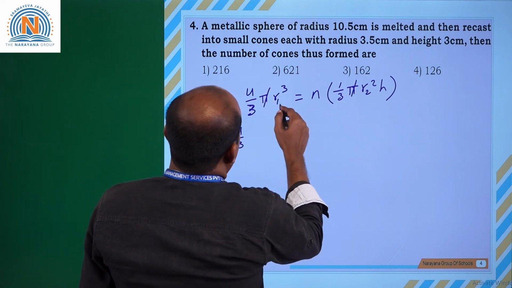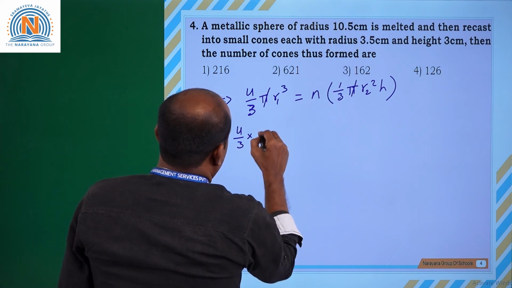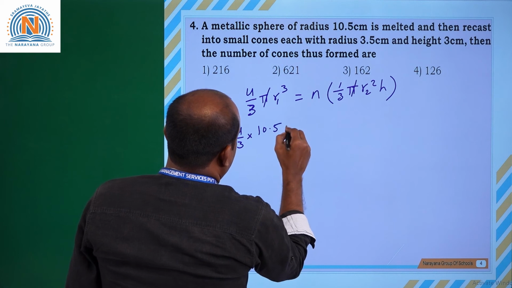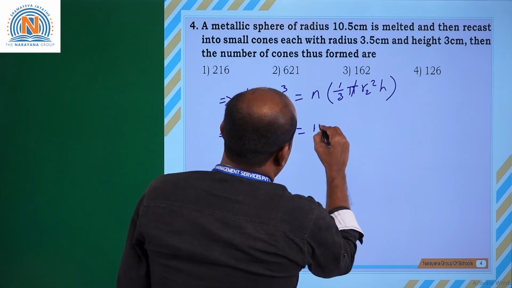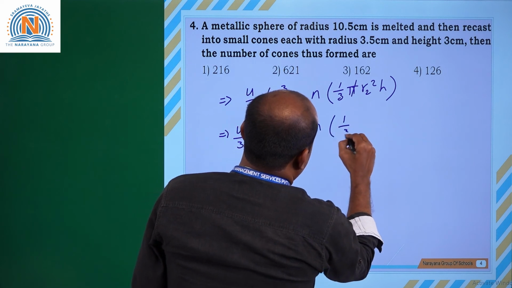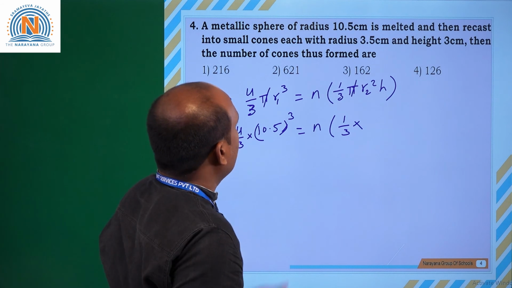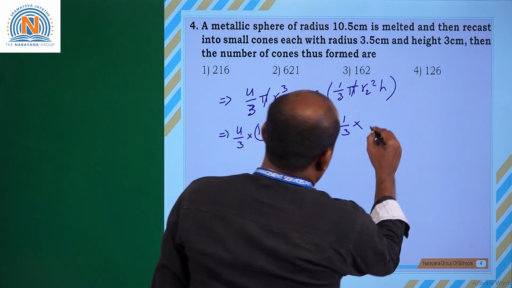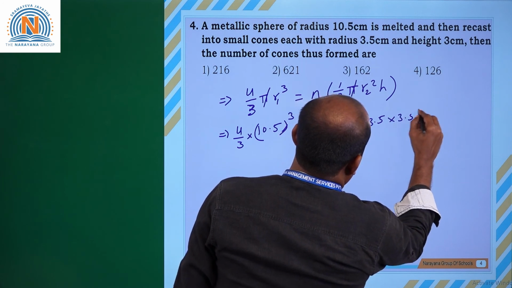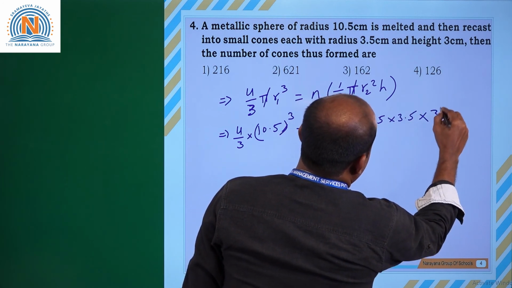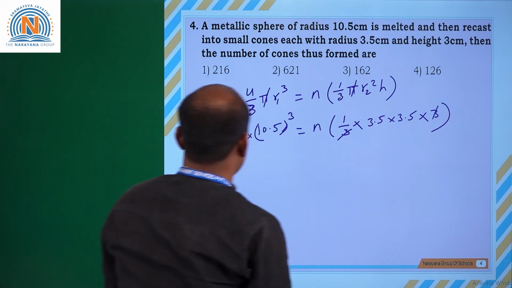That implies 4 by 3 into r1, the radius of the sphere, that is 10.5 whole cube, is equal to n into 1 by 3 into r2 square h. What is the radius of the cone? Radius of the cone is 3.5, right. So 3.5 into 3.5 into height, which is 3 centimeters. These 3s get cancelled.